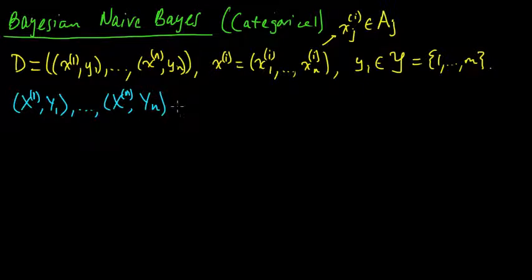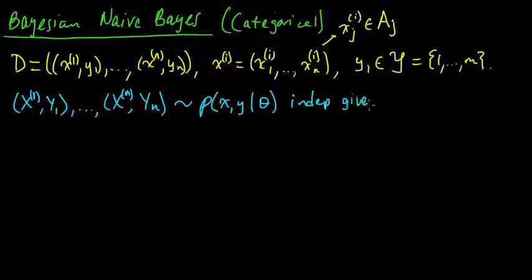Those are the different points, and these will all be distributed according to some joint distribution on x and y given a parameter theta. So we're going to parameterize these joint distributions by theta. And these are independent given theta. I emphasize given theta since we're going to put a distribution on theta.